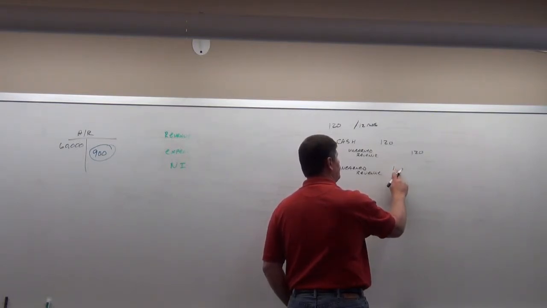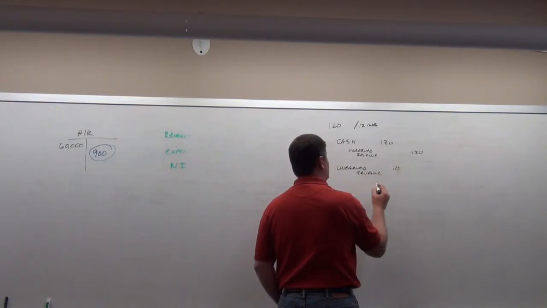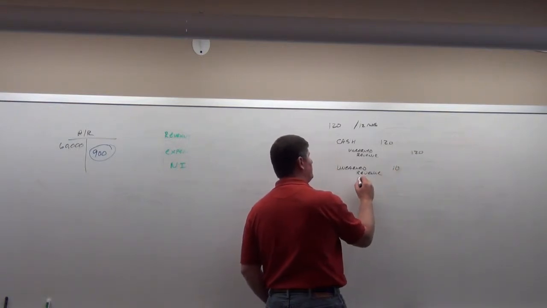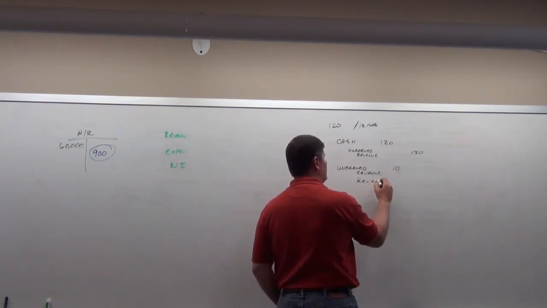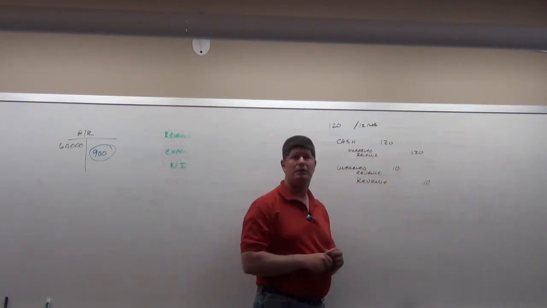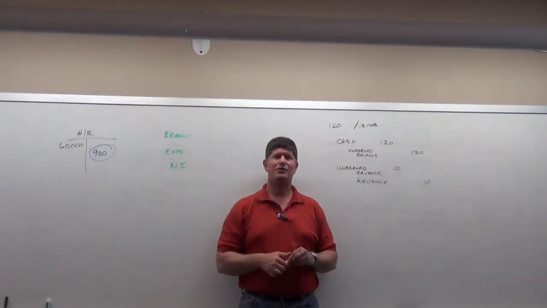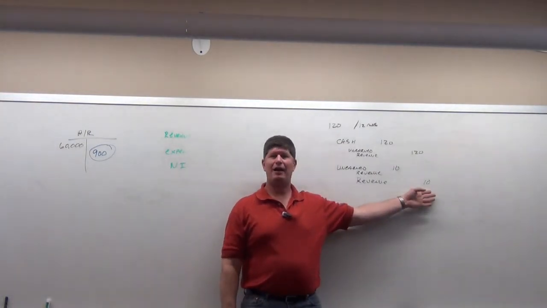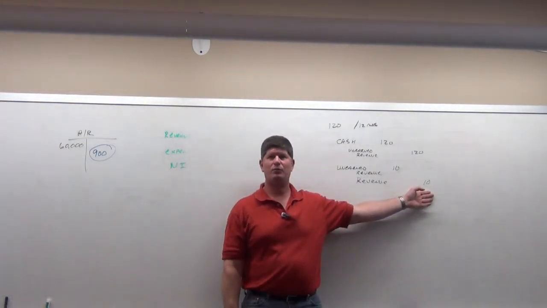Sorry, $10, right? And they get to credit revenue for $10. Notice this is the first point at which I actually have revenue or sales for my company, when I've actually performed on the contract.